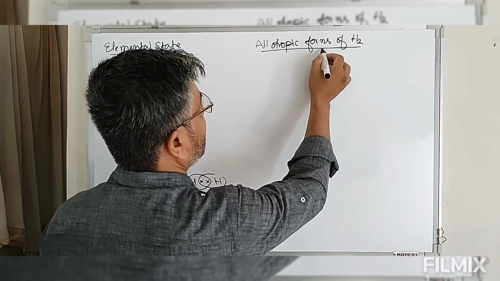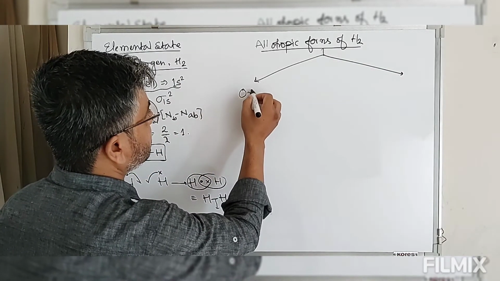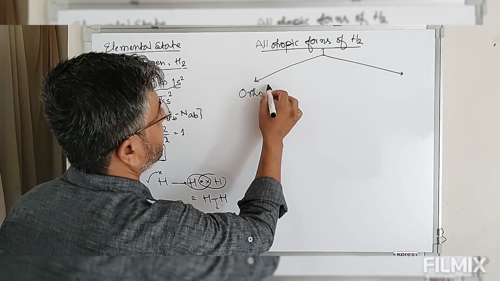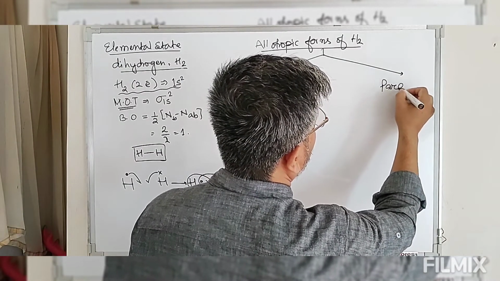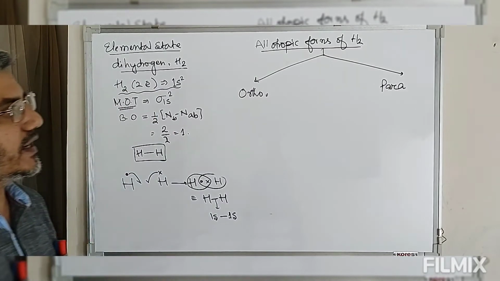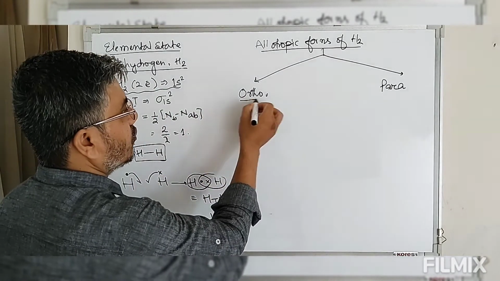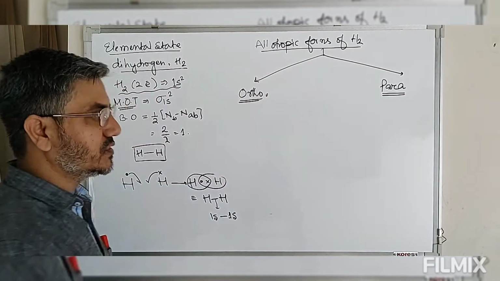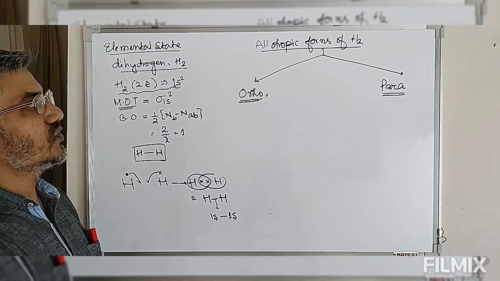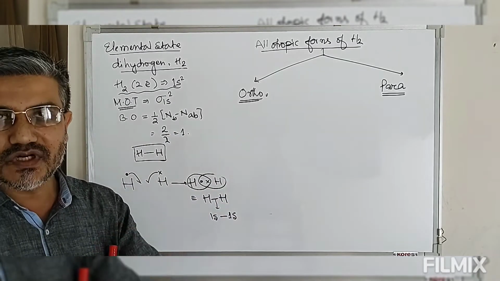These two forms are orthohydrogen, the ortho form, and the para form. So dihydrogen exists in two allotropic forms. One is known as orthohydrogen, the other one is known as parahydrogen. Now these two forms of molecular hydrogen are based on the nuclear spin.